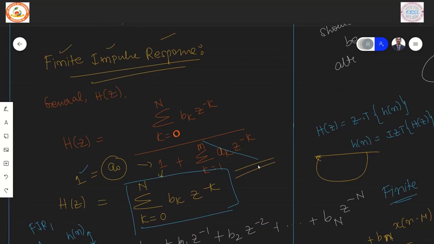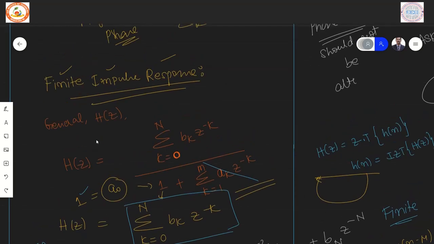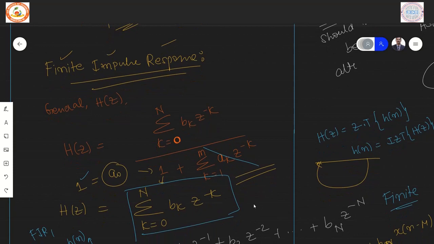Now, let us look at the system function for FIR. Here we have shown the general system function, where the numerator coefficients are depicted by bk, and the denominator coefficients are depicted by ak. Now what we should observe in the case of FIR is that only the first coefficient a0, which is 1, is preserved and the remaining coefficients are made 0. That means that the system function for FIR takes a very simple form as shown here.